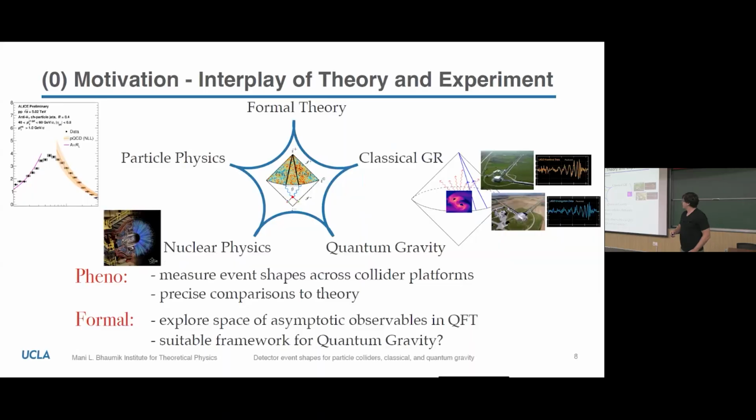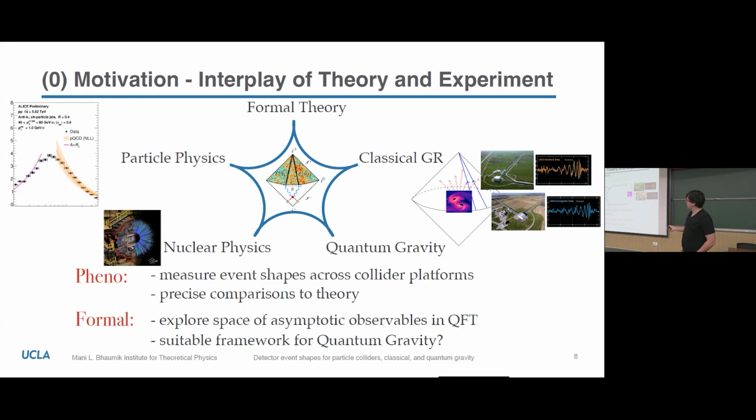So just to summarize a bit of what we've seen here: I started with a more formal motivation. We have this new language of phrasing detectors in quantum field theory, so there's a nice formal aspect to studying these interesting objects. But as I'll show in a little bit, there is a nice connection between some of these formal aspects of detectors and actual particle physics measurements.